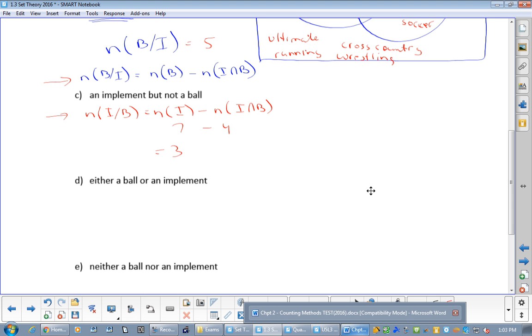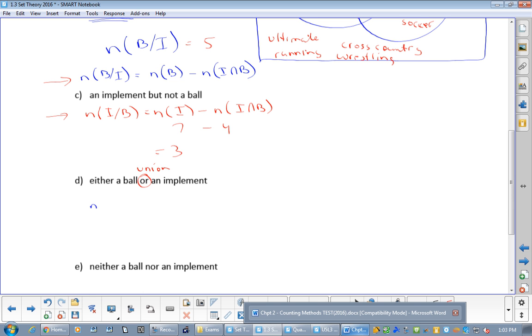Now either ball or an implement. Okay, this word right here means union. Now, two formulas for this.